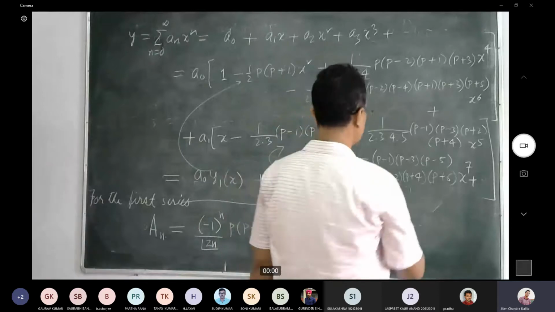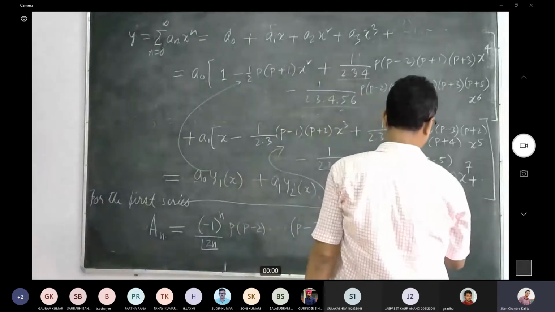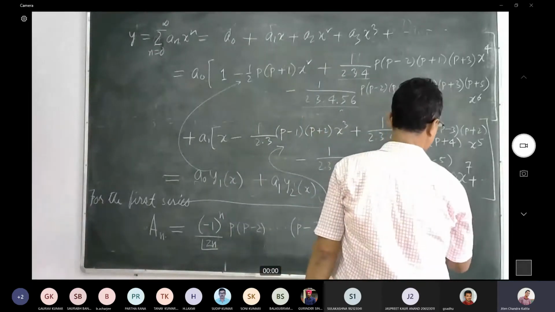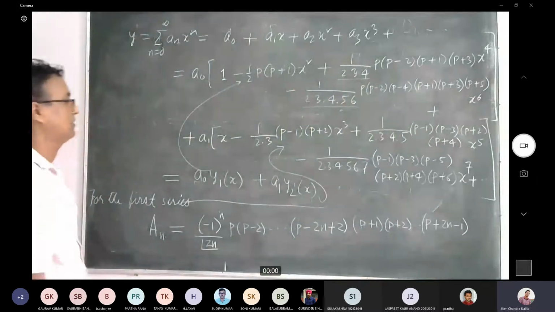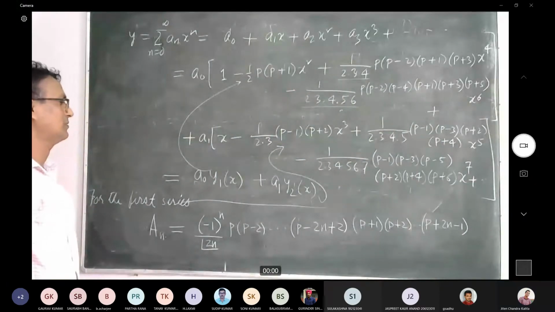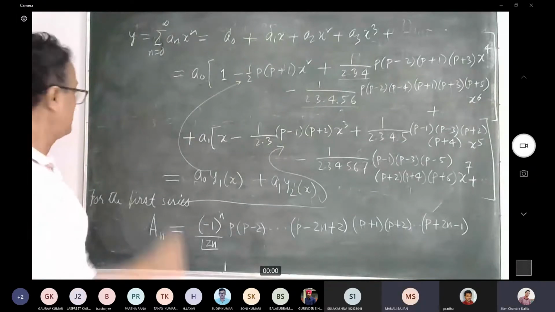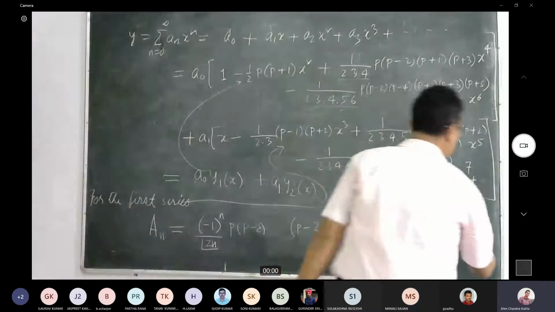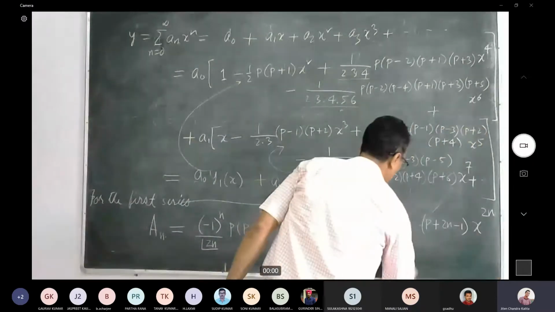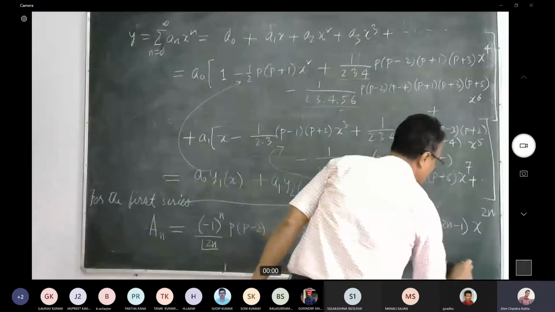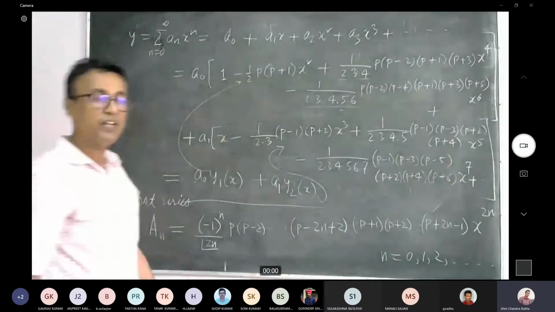So it is stopping at p plus 2n minus 1. Is it okay with everybody? Fine. And then this is x to the 2n, with n going from 1 onwards. Is it okay? Fine?